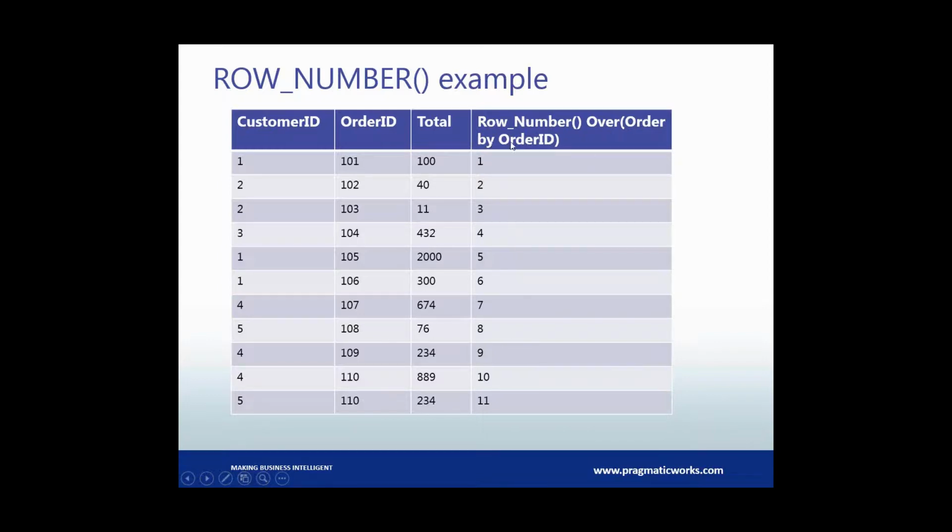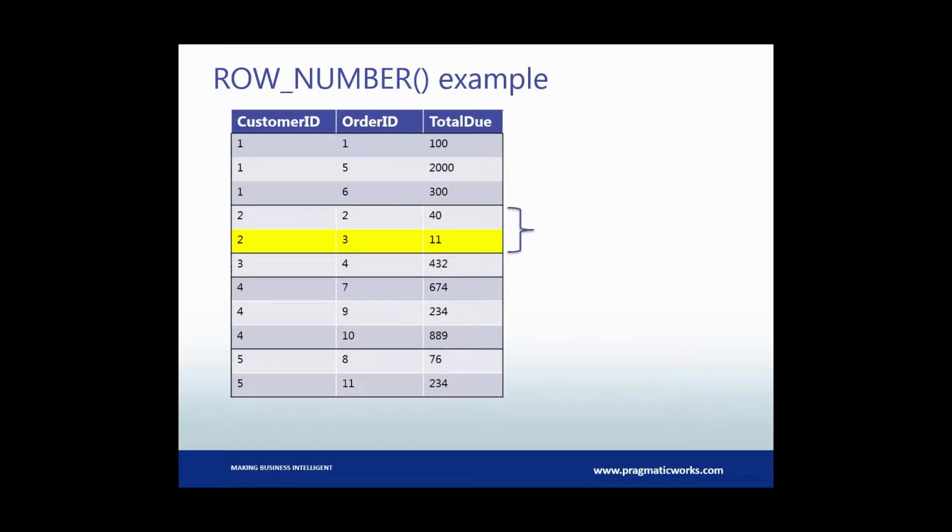I can change this column if I wanted to apply those row numbers in a different way. What I also can do is partition the data. That's not the same as group by. When I partition the data, I'm going to break it up into smaller windows.